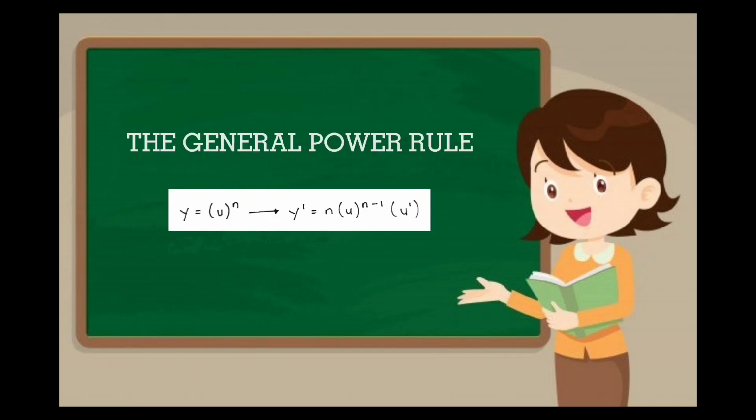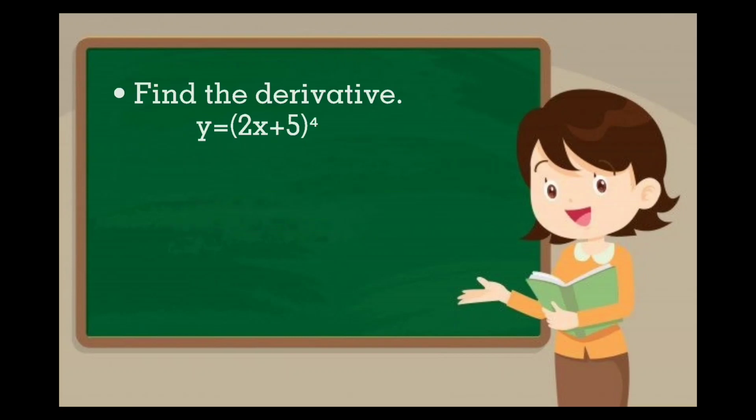The general power rule in derivatives: we have y equals u to the n power, and to get the derivative, y prime equals n times u to the n minus 1 power times u prime. By the way, n stands for the exponent and u stands for the base. That is the formula of the general power rule in derivatives.